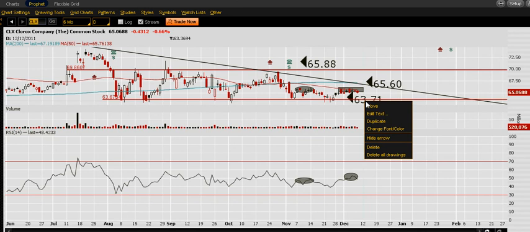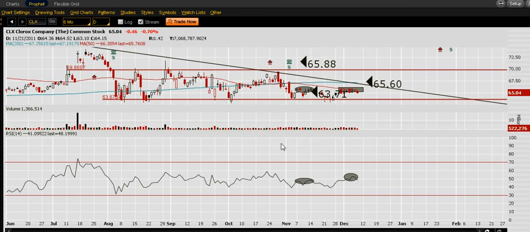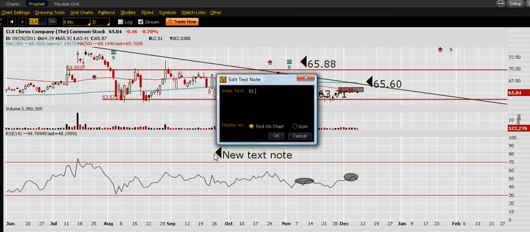And here is our price target formula. I'm going to draw it on the RSI index right here because it's a little easier. And notice we're using the 14-day RSI. Always use the 14-day. So we're going to do 65.88 minus 65.60, and this one isn't going to give us a huge signal, but it's giving us a signal regardless.